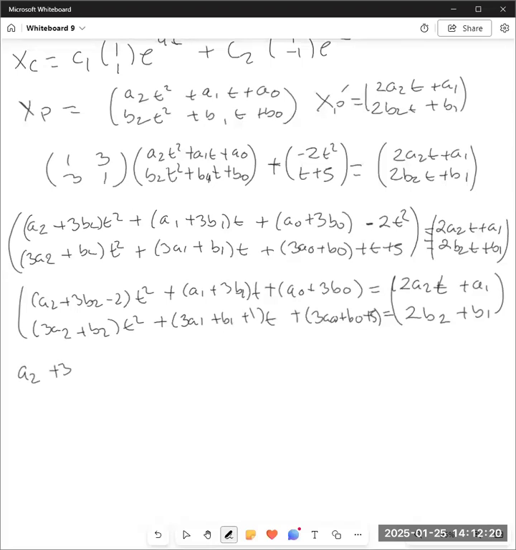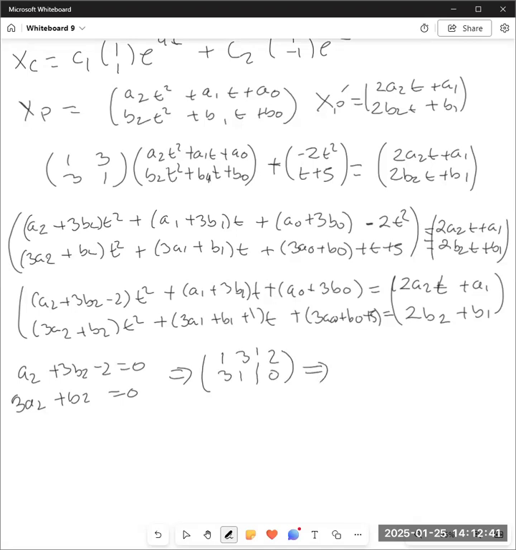A2 plus 3B2 minus 2 equals 0. 3A2 plus B2 equals 0. Changes into a matrix equation for me. 1, 3, 2, 3, 1, 0.